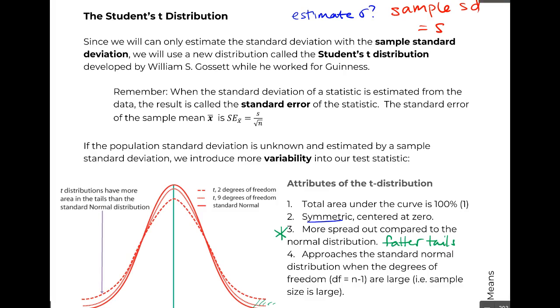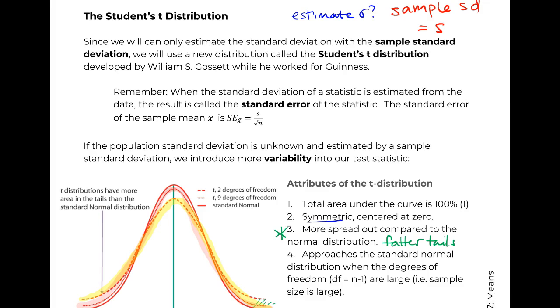You can see that in this picture, that the T of 2 has really fat tails. It's a really short and squat looking bell curve versus the T of 9. That's a little closer to the true normal distribution.